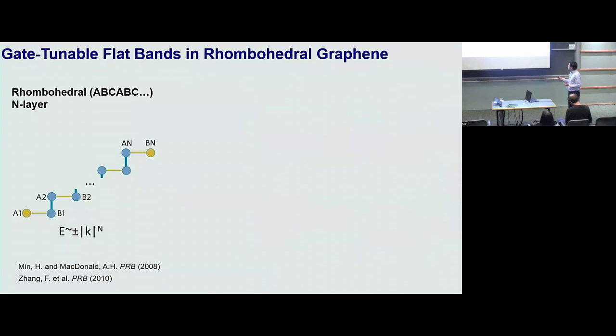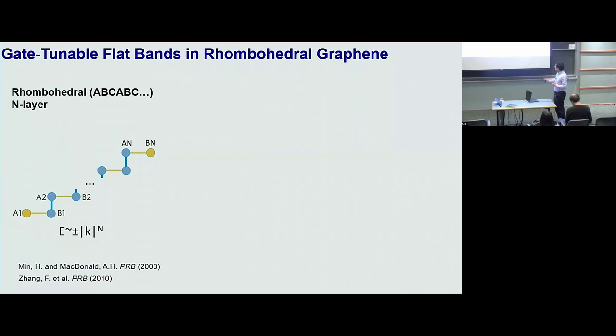And the reason that you want to look at rhombohedral graphene is because it gives you a very interesting energy dispersion relation. As Ashwin told you, you have this staircase structure, and most of the electrons from this intermediate orbital hybridize very strongly and push themselves away from zero energy, and only a pair of dangling bonds are left at zero energy, and they remain degenerate.